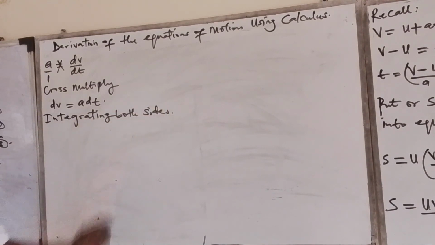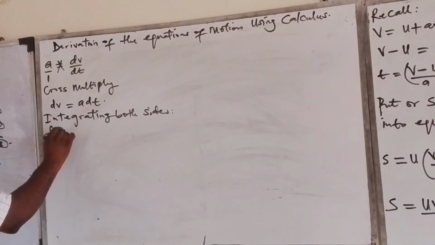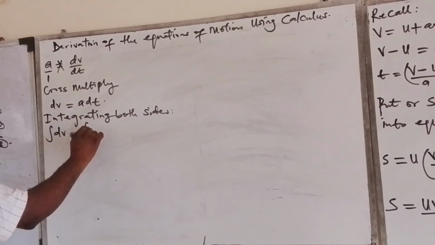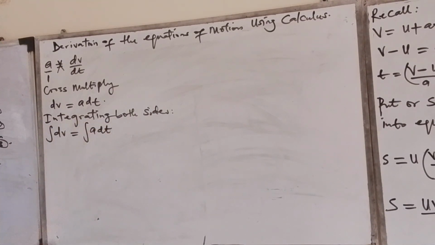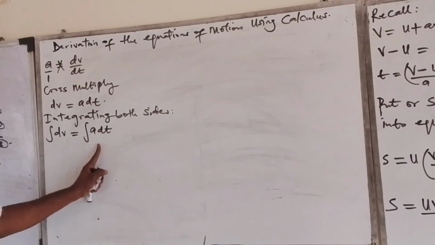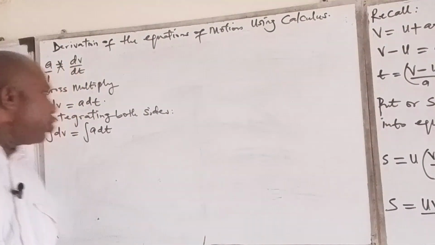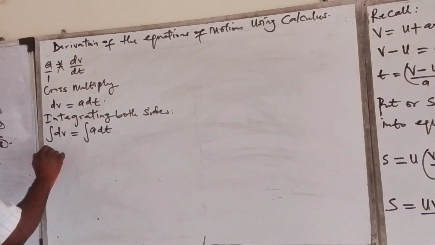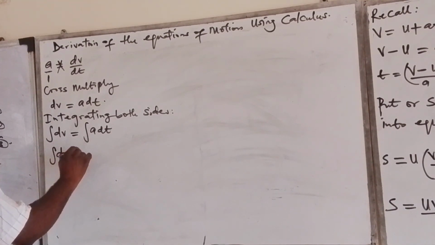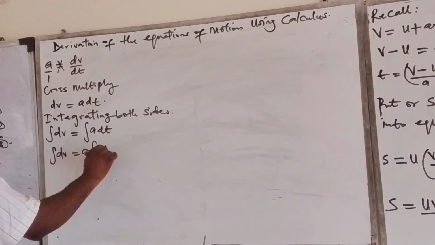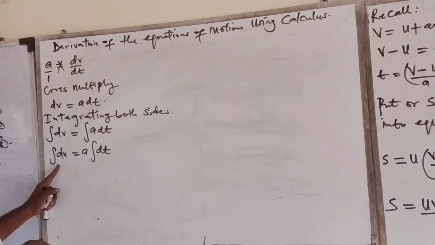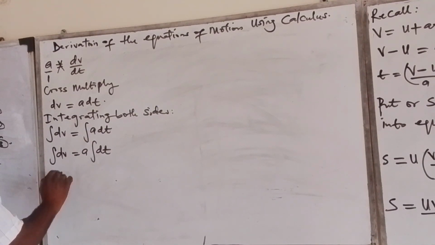When you integrate both sides, we have the integral of dv equal to the integral of a dt. Now, remember this a here is constant because we are differentiating with respect to t. So I can have it like this: integral of dv equals a times integral of dt. When you integrate dv, it gives you v, the velocity.